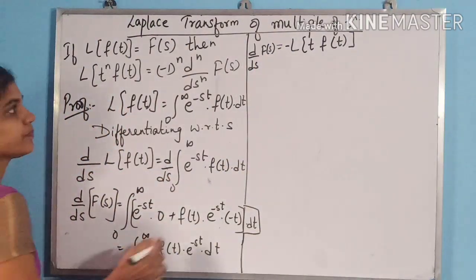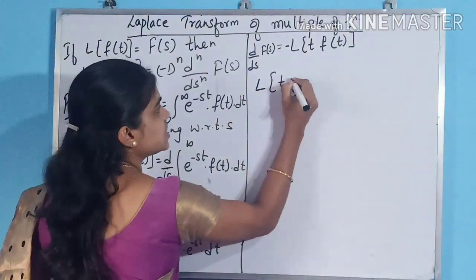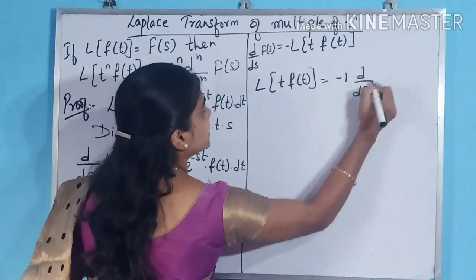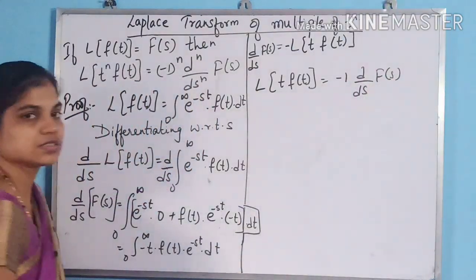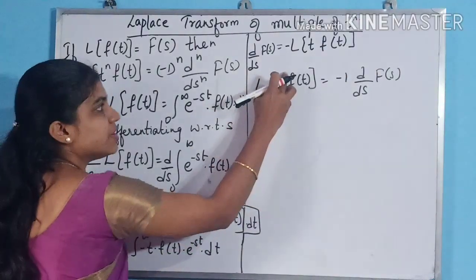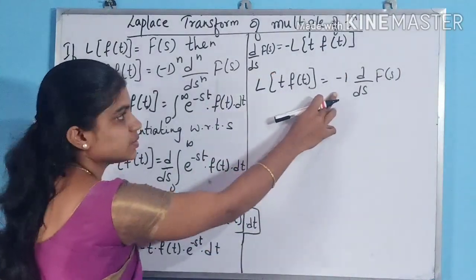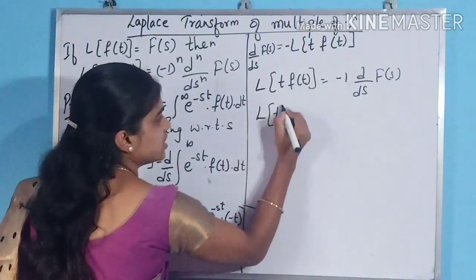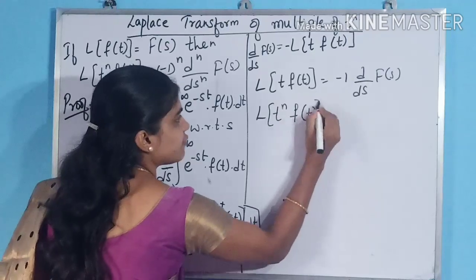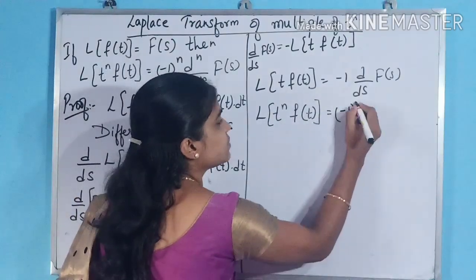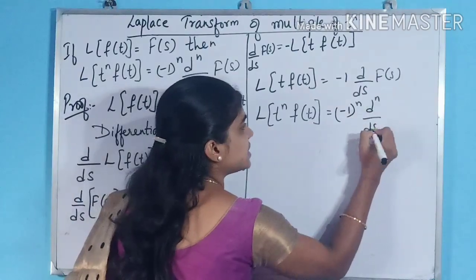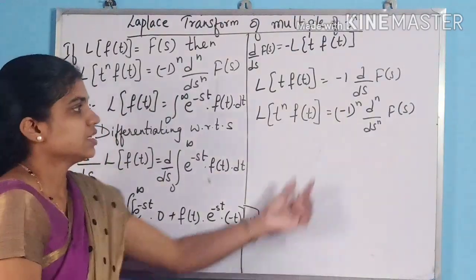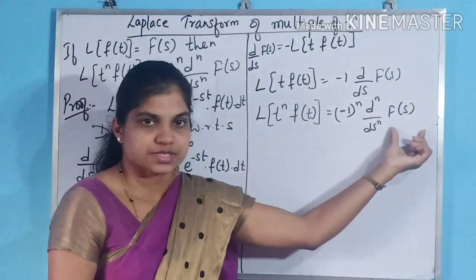Or I can say the Laplace transform of t into f(t) is equal to minus 1 times d/ds of F(s). Since the power of t is only 1, we have minus 1 and F(s). So in general, the Laplace transform of t^n f(t) is (-1)^n d^n/ds^n of F(s), the nth derivative of F(s).